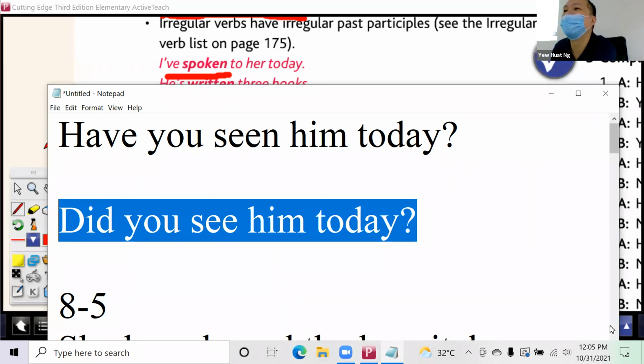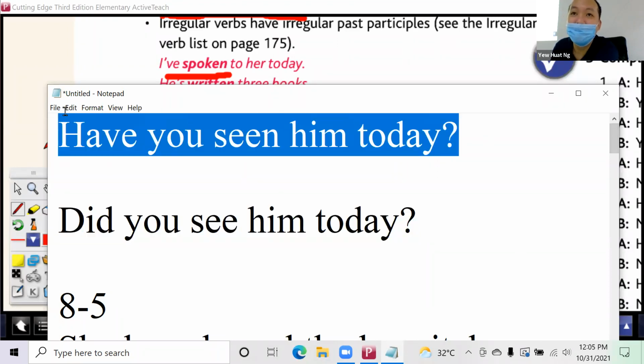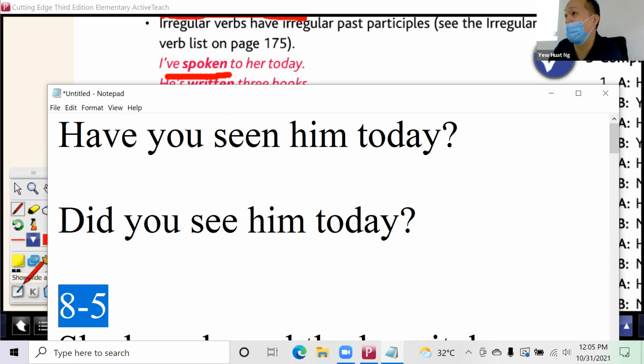So I will use this between 8 to 5. I'm still at the office. I haven't gone home. Okay? Did you see him today is after work?